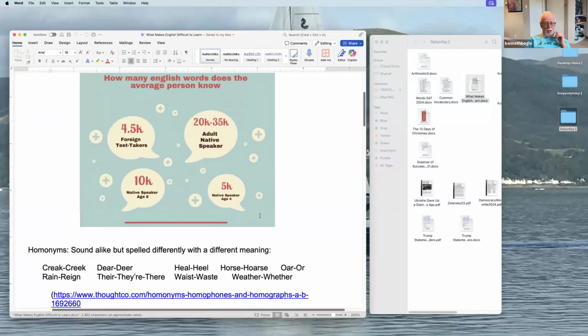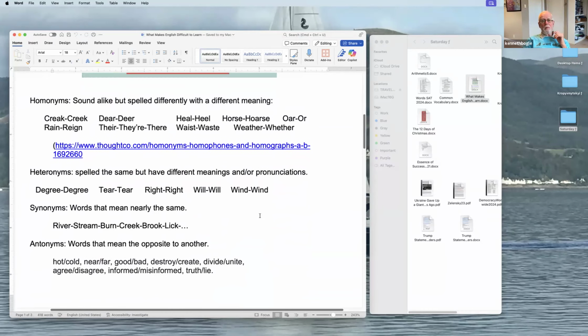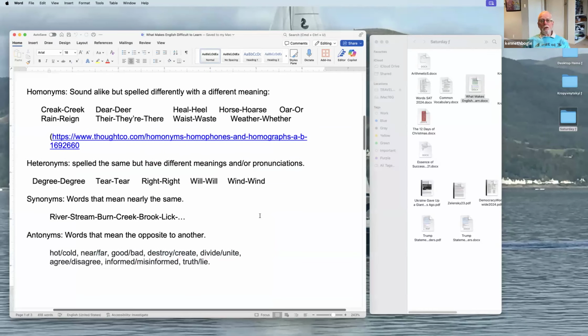How many words in the English language? Things that make the English language difficult. Homonyms, words that sound alike but are spelled differently. Creak, meaning to make a sound, or creek, like a small river. Dear, as in yes, dear, which every husband says to his wife, or deer, as in the animal.